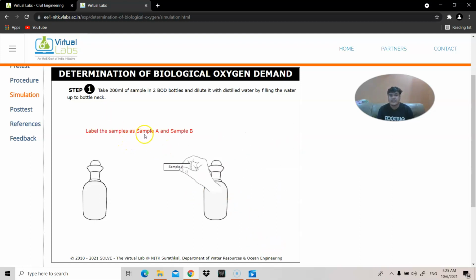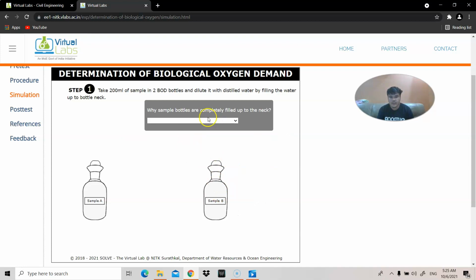Label the sample as sample A and sample B. So this one is sample A and this one is sample B. Why are the sample bottles completely filled up to the neck? Because to avoid missing bubbles.